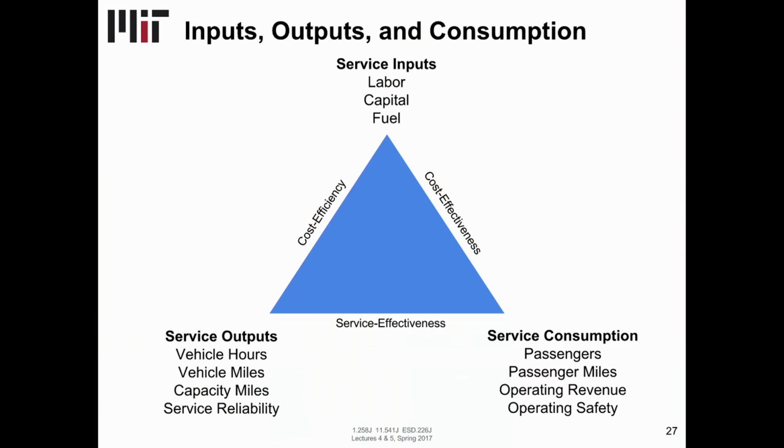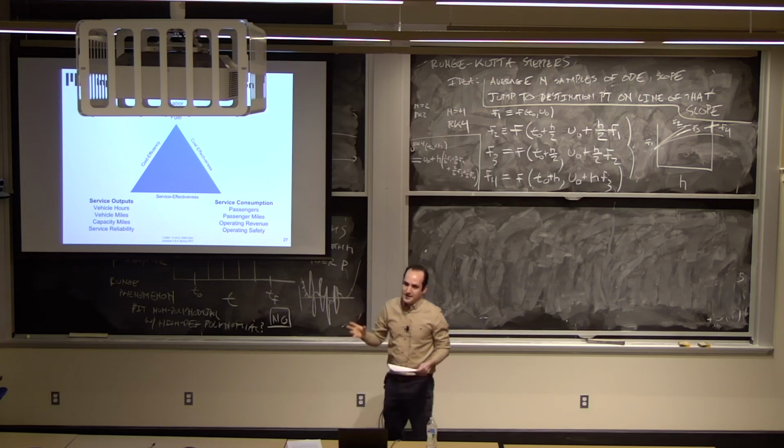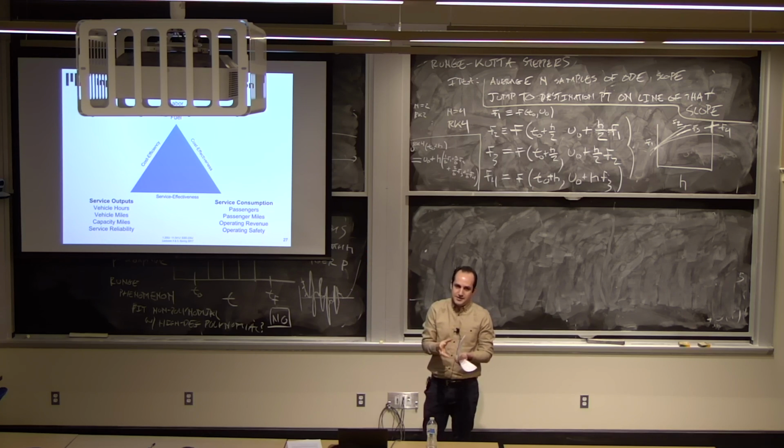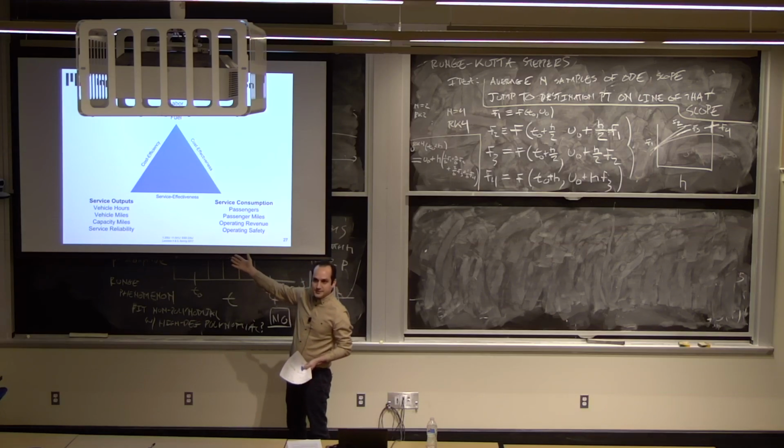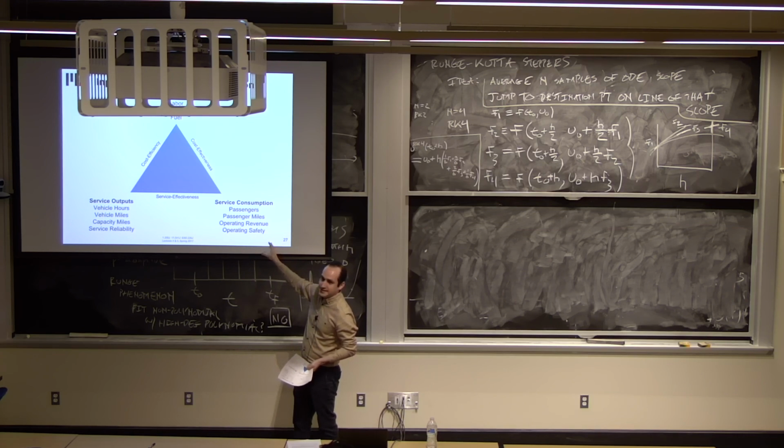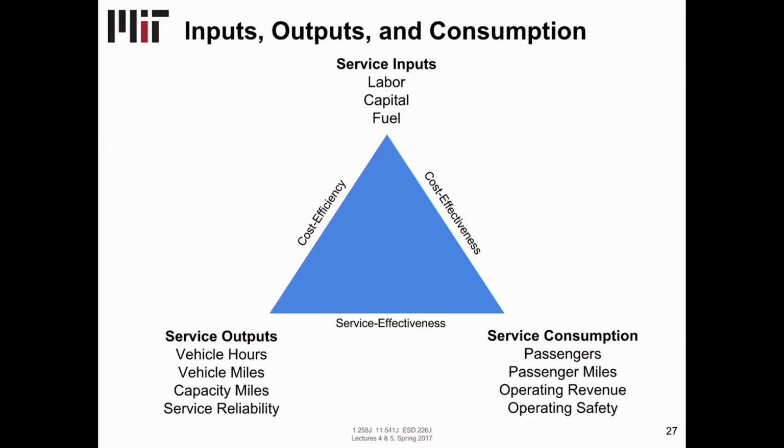Quantities can be classified into three different groups: quantities related to service input, quantities related to service output, and quantities related to service consumption. Service input is basically the resources that the transit agency is using to produce the service. Service output is measuring the produced service, and service consumption is how this service is being consumed, appreciated, and used by the public.